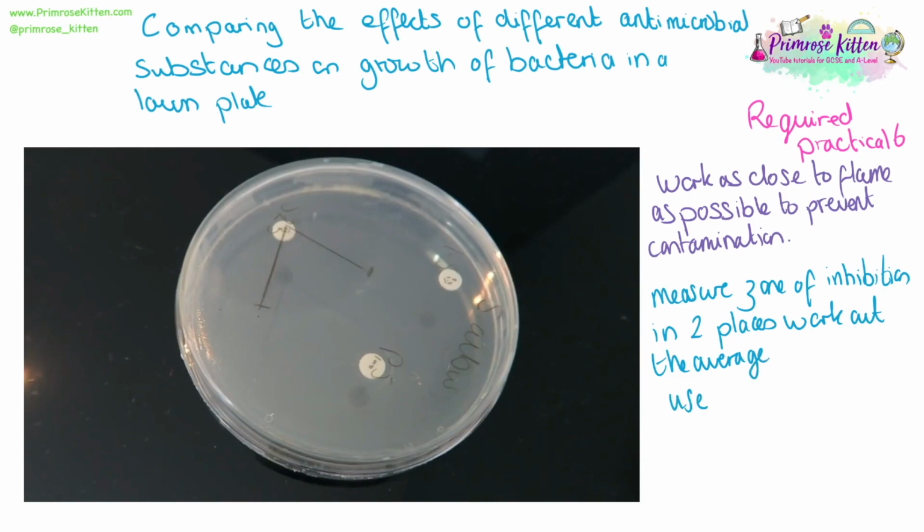And remember, it is important to know whether you are measuring the radius or the diameter. We can then use pi r squared to find the area of the circle, or the area of the zone of inhibition. This is a semi-quantitative experiment because you're just going to get the area. We can say that this one has a bigger area or this one has a smaller area compared to something else.